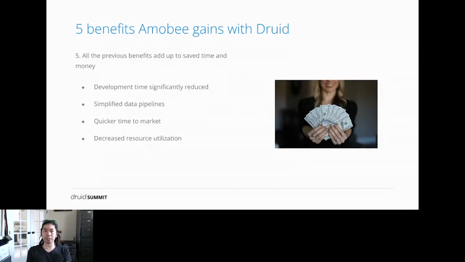It can easily be exposed at query time. On top of that, you have decreased resource utilization on the Hadoop cluster. All this leads to cost savings, plus quicker time to market, since it's easy to turn around these calculations.